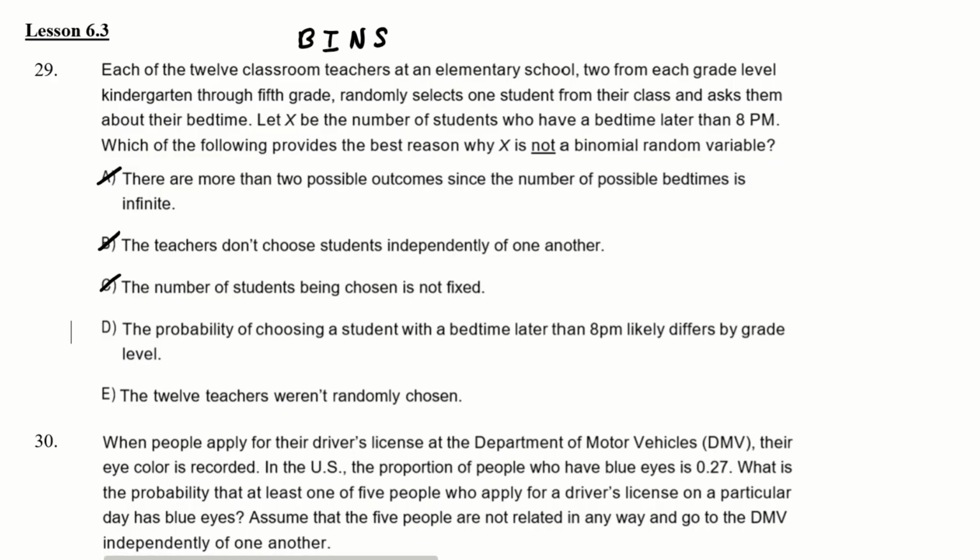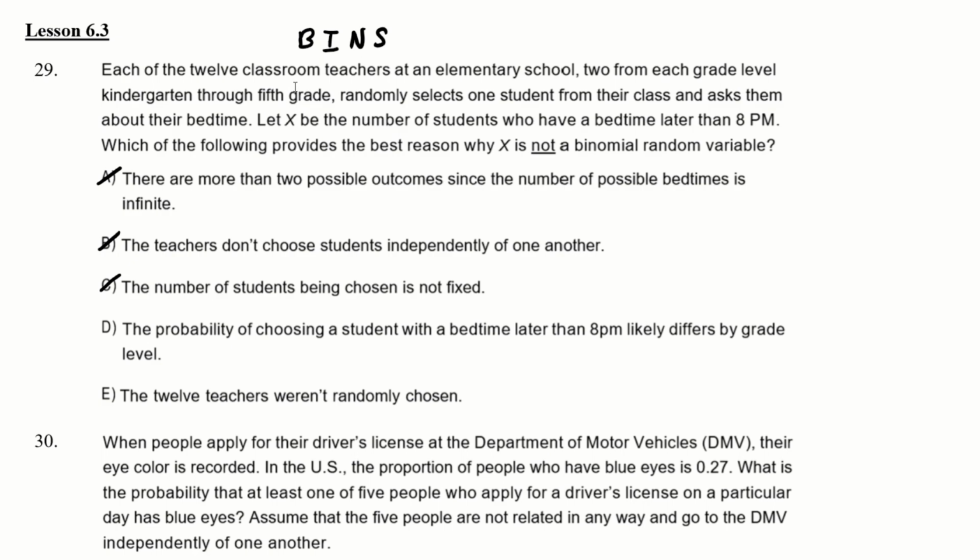Okay. And then we'll look at D. The probability of choosing a student with a bedtime later than 8 likely differs by grade level. That actually is a good point because if you look at it, there's 2 from each grade level, kindergarten through fifth grade. And so if you choose kindergarten students, they're more likely to have a bedtime earlier than 8.